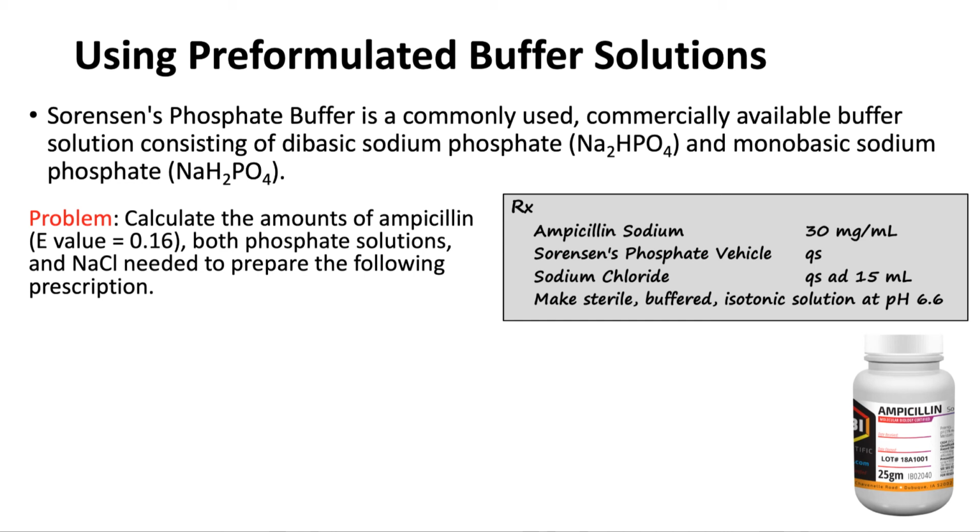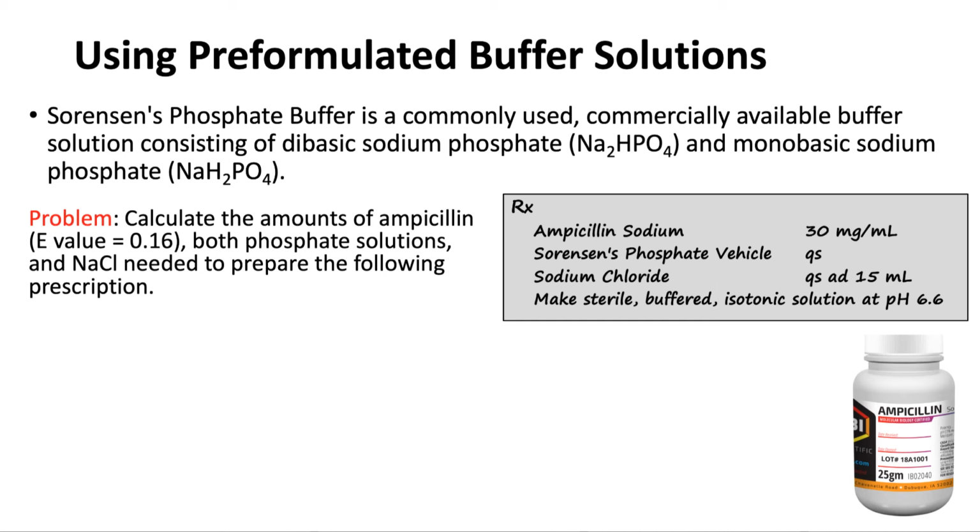The prescription calls for ampicillin sodium at a concentration of 30 milligrams per milliliter. Then it says to add enough of the Sorensen's phosphate vehicle and additional sodium chloride such that you get a final total volume of 15 milliliters, and that this solution in the end is sterile, buffered, and isotonic at a pH of 6.6.